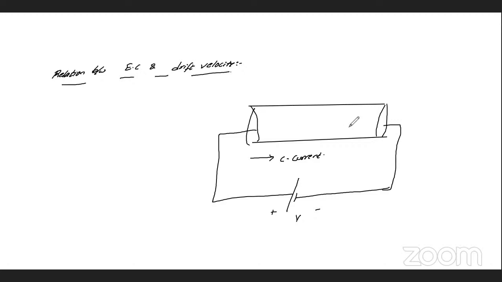In the conventional current, the electrons travel in the opposite direction. So here we are going to discuss this current as well as the drift velocity of the electrons.